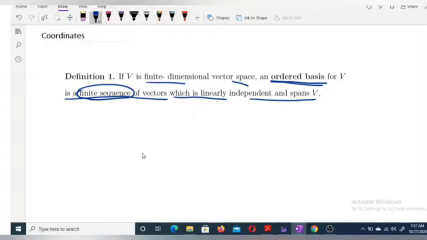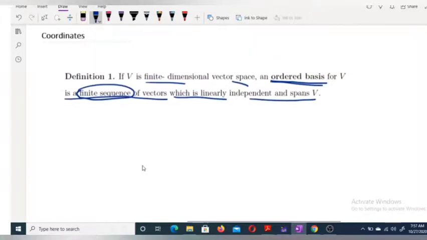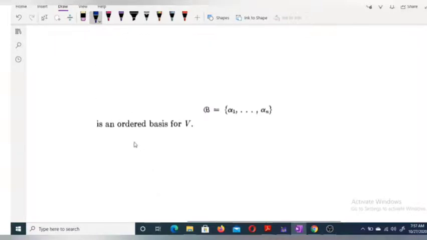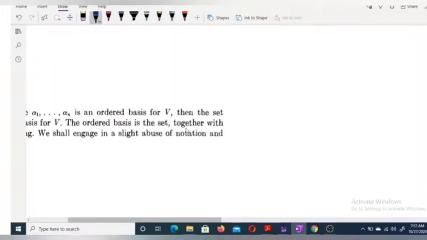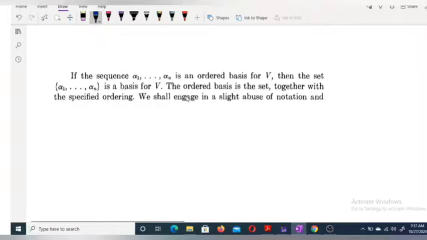Now there is a note. If the sequence alpha 1, alpha 2, etc., alpha n is an ordered basis for V, then the set alpha 1, alpha 2, etc., alpha n is a basis for V. Or an ordered basis is a set together with specified ordering.